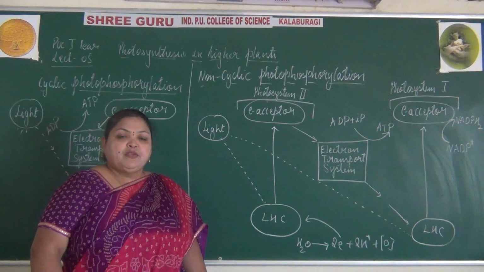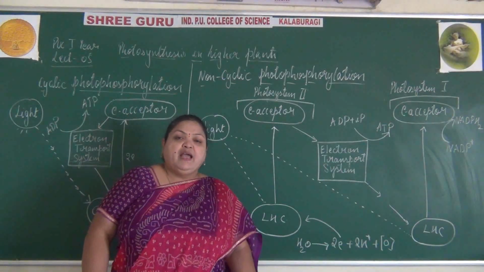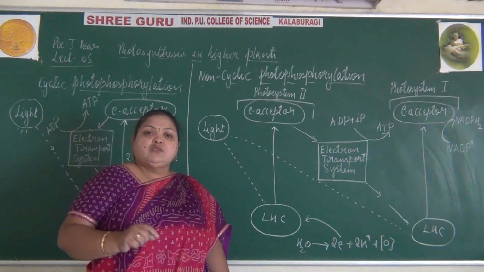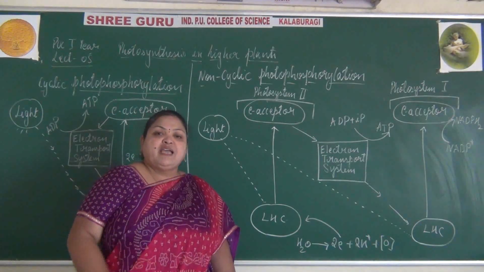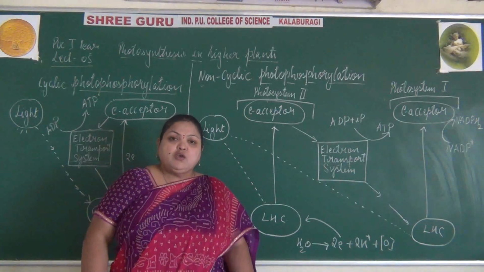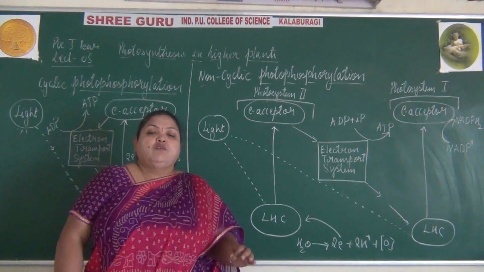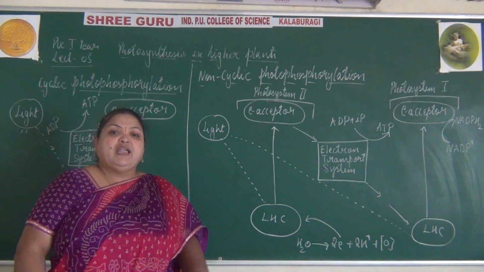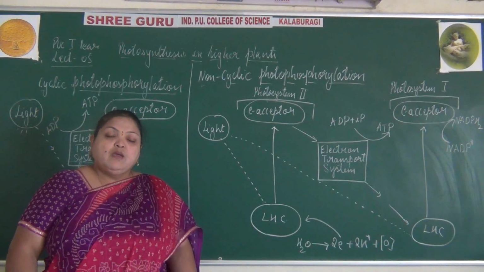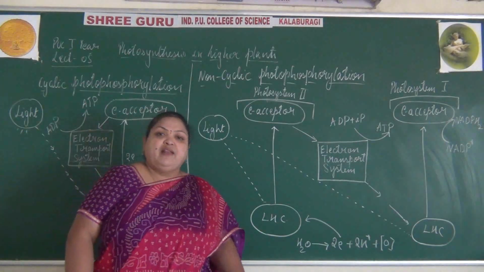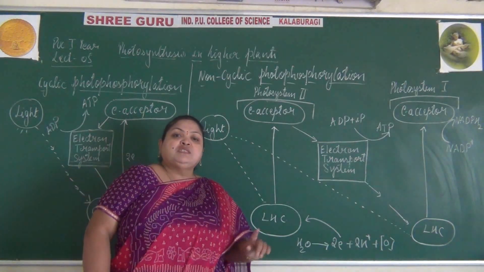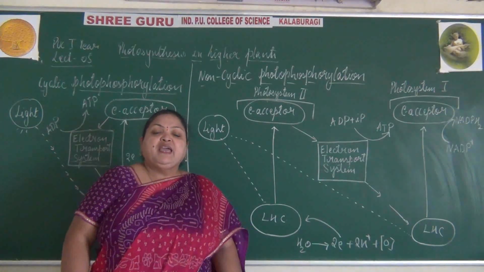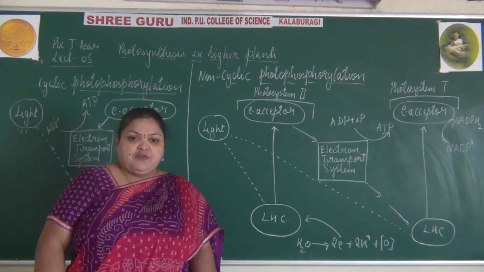You can go through figures 13.5 and 13.6 of the textbook, where you will find the processes of cyclic and non-cyclic photophosphorylation. So already we know what is photophosphorylation: synthesis of ATP molecules in the presence of light when adenosine diphosphate combines with inorganic phosphate.